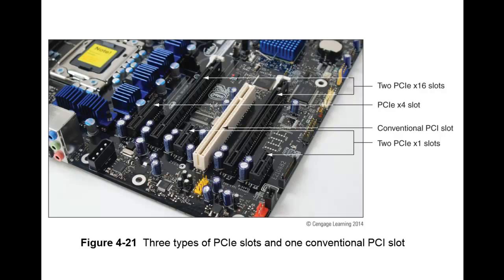You have the PCI Express x1, indicated here on this chart, the really small one; we have 2 of those on this particular motherboard. We have PCI Express x4, located on the left, a mid-grade one between the PCIe x1 and the x16. And then the x16; on this particular motherboard we have 2 of those as well.